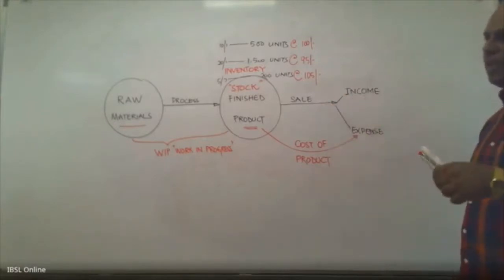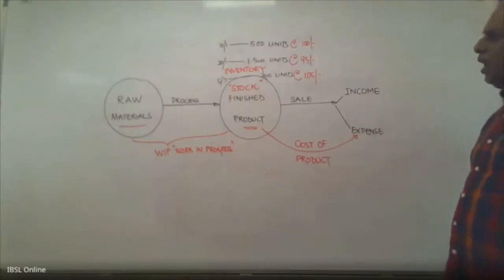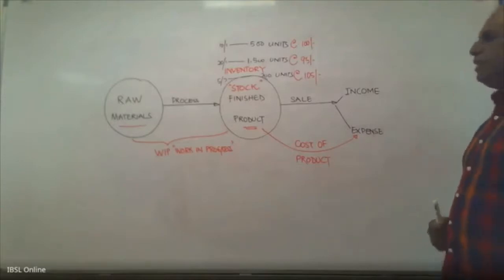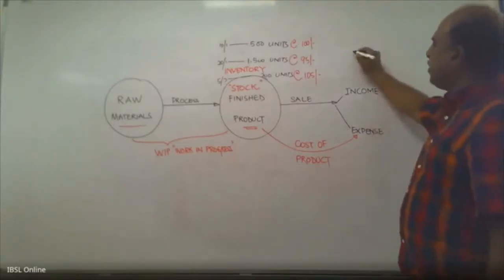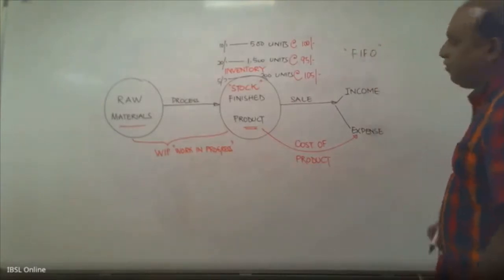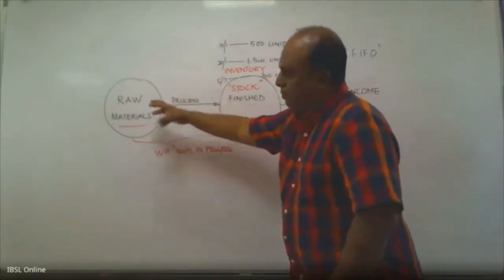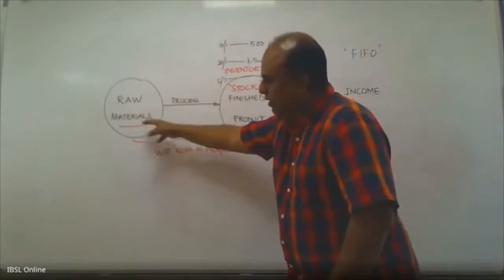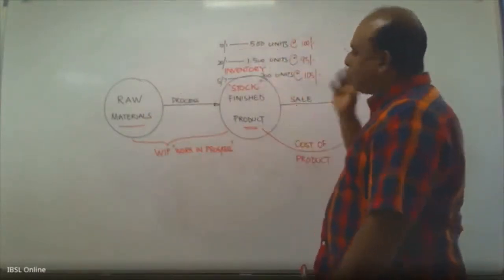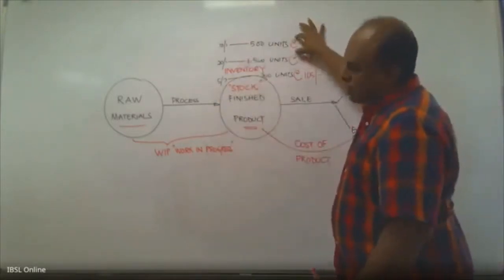Now the question is, when I do the sale, I have a business model to decide how I am going to sell this. The first option given there is known as FIFO. FIFO means whenever the products come from the warehouse or the manufacturing, you have to stack it in a proper way so that you know what came in first.